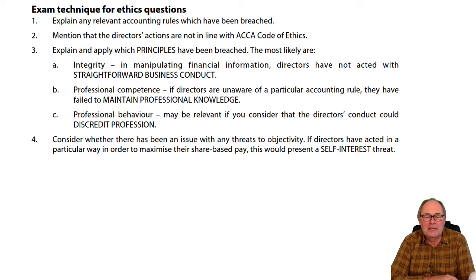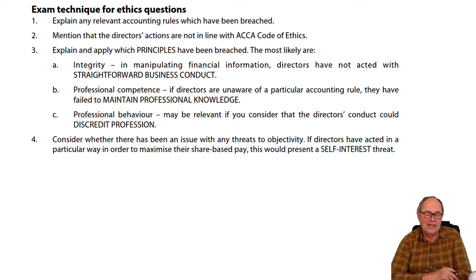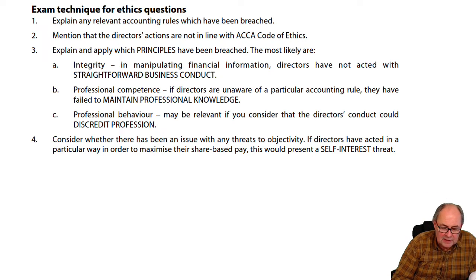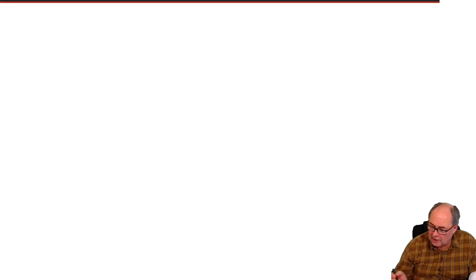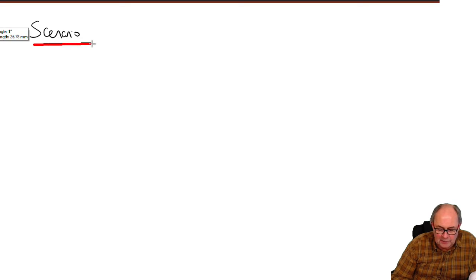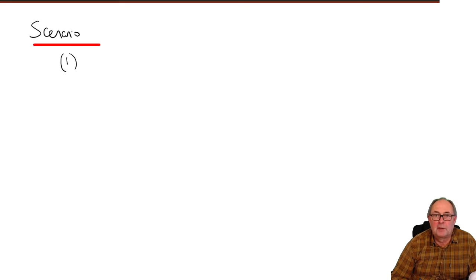If we make up a little scenario, and I'll just point out the points I've made here in the notes for you. So we'll shorten this scenario no end, but let us assume that within the company there is a profit-based bonus.